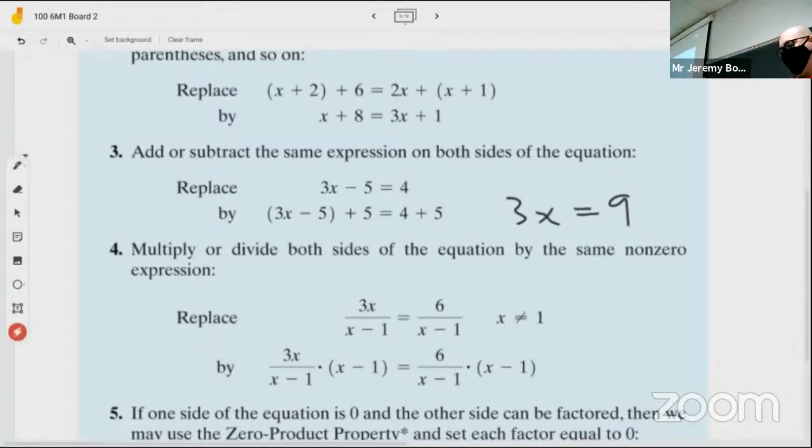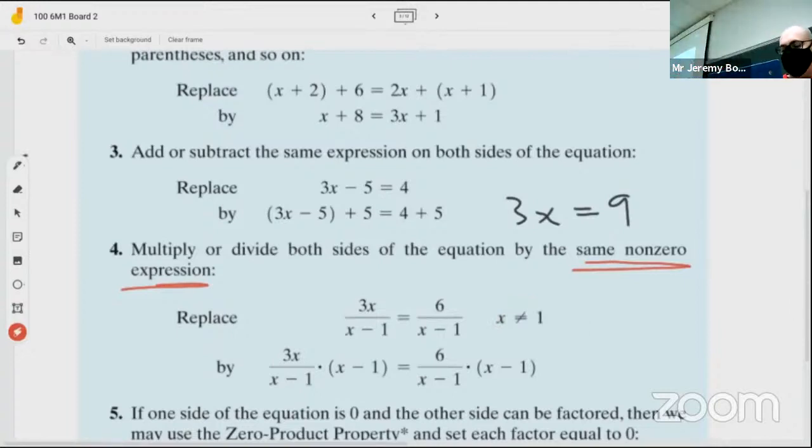Okay. You can multiply or divide both sides of the equation by the same non-zero expression. That's important. We don't want to divide by 0 because it's not defined. So here, we have 3x over x minus 1 and 6x over x minus 1. We know from our domain studies earlier that x can't be 1 for that.